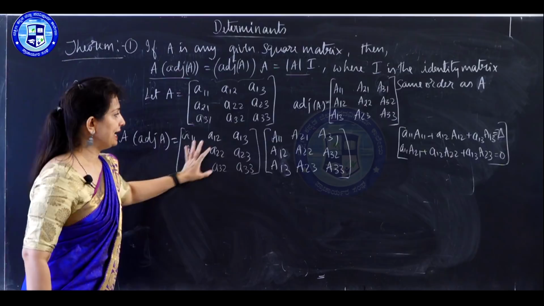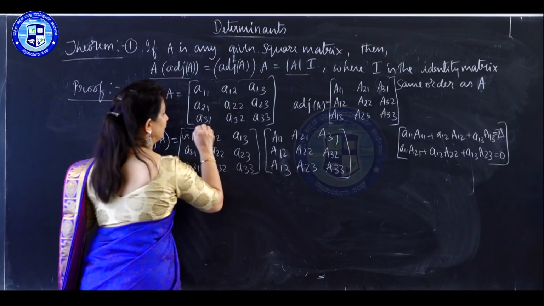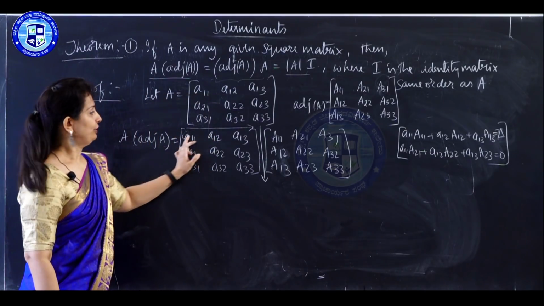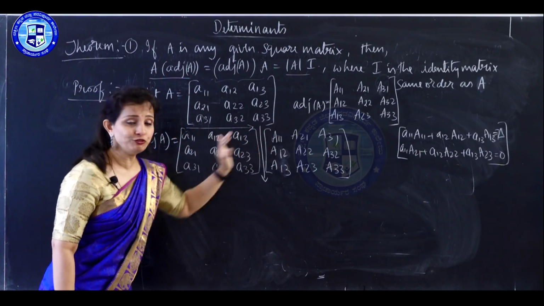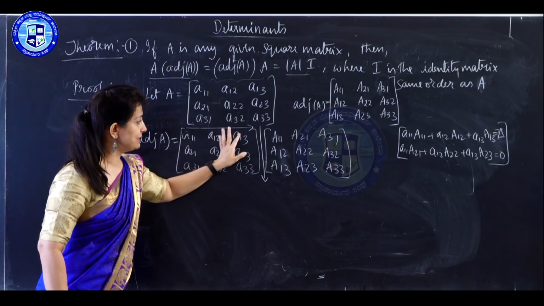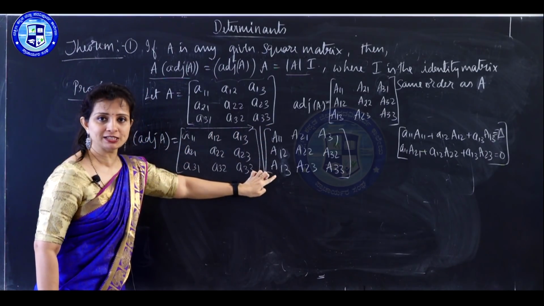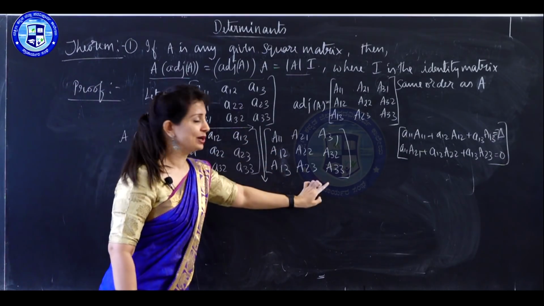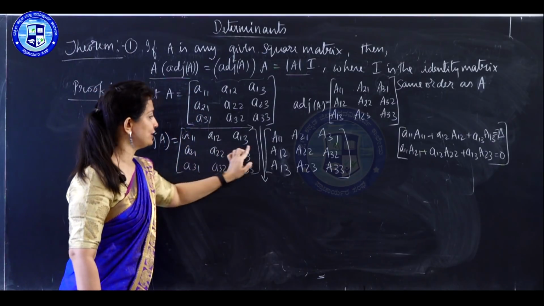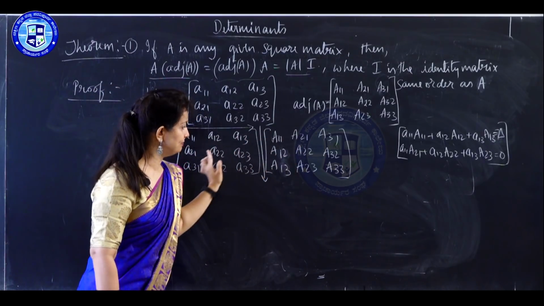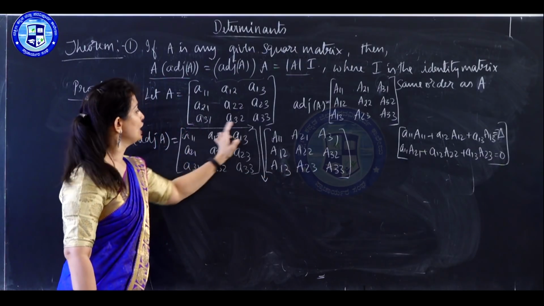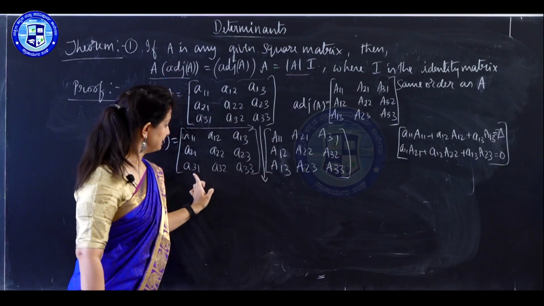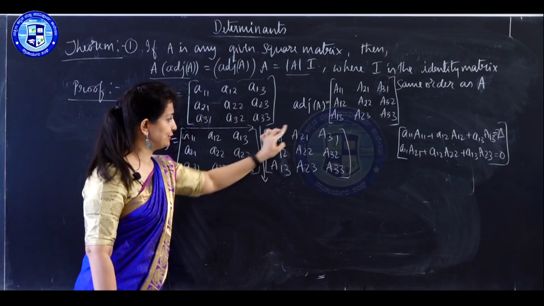So, multiply A and adjoint A. Now, you are going to do the multiplication of two matrices. You know, first row elements are multiplied by first column elements first, then first row, second column elements, then first row, third column elements. Similarly, going to second row, first column, second row, second column, second row, third column. That's why it is named as rows and columns. Then the third row with first column, third row with second column, third row with third column elements.